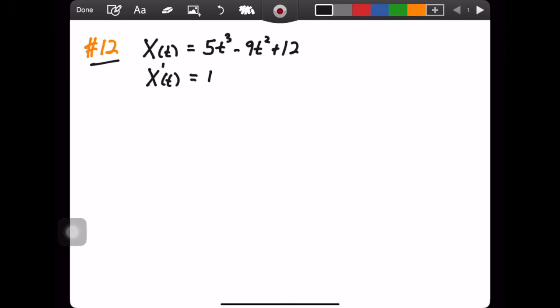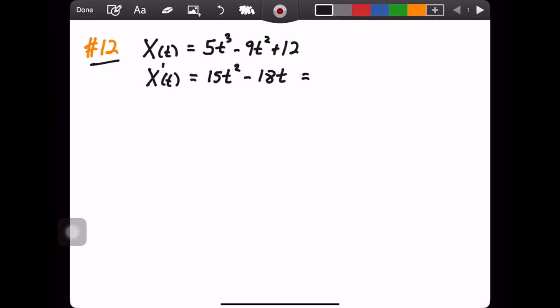So I'm going to have 15t squared minus, the squared term is going to multiply by 9, and then it's going to go to t to the first power, so it's going to be minus 18t. And the derivative of 12 as a function of t, there is no t there, and so the derivative of a constant is just going to be 0. So now it's just 15t squared minus 18t.